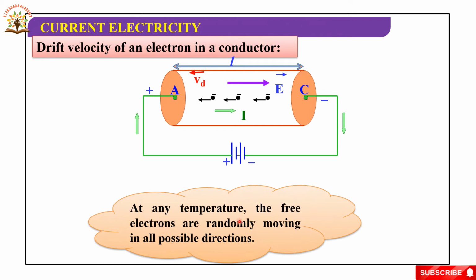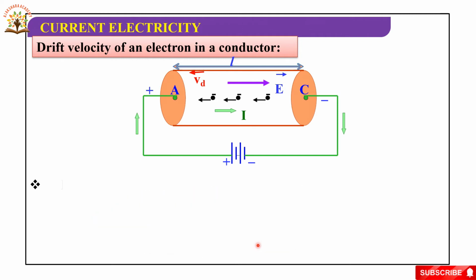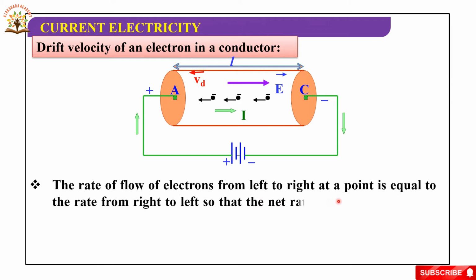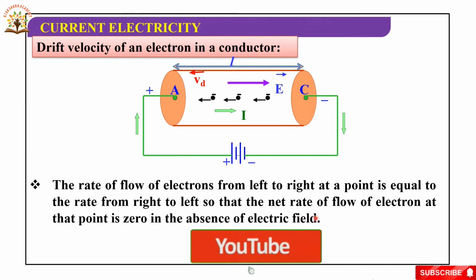At any temperature, the free electrons are randomly moving in all possible directions. What is the net rate of flow of electrons at any point in a conductor in the absence of electric field? Let us discuss. The rate of flow of electrons from left to right at a point is equal to the rate from right to left, so the net rate of flow of electrons at that point is 0 in the absence of electric field.